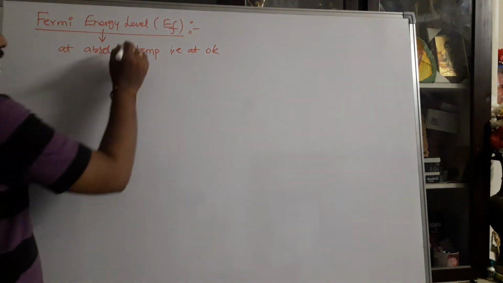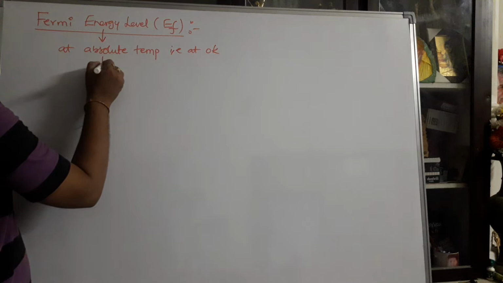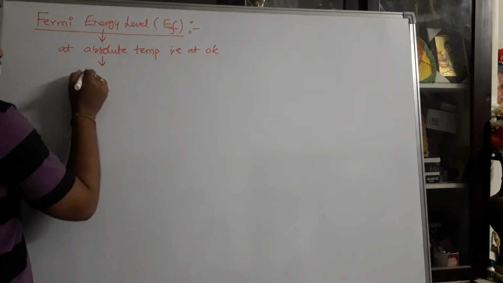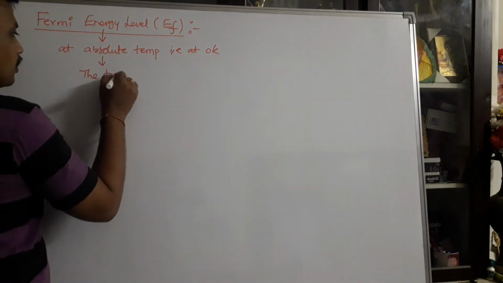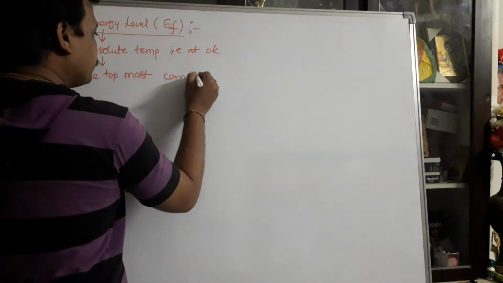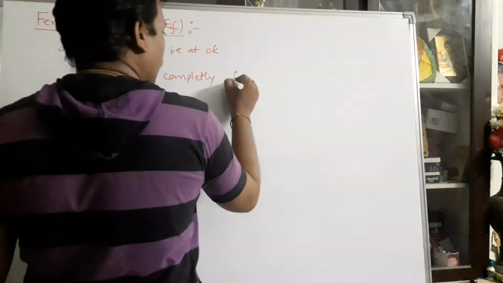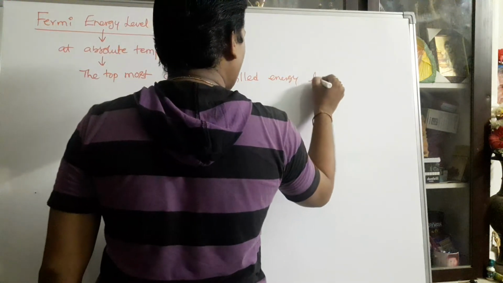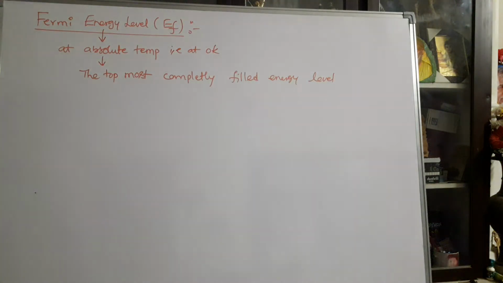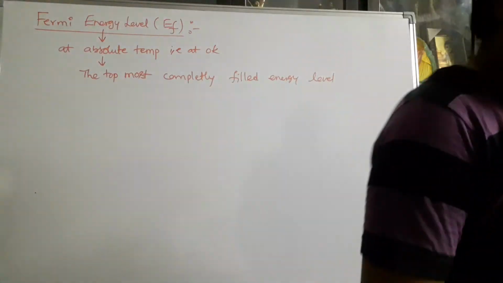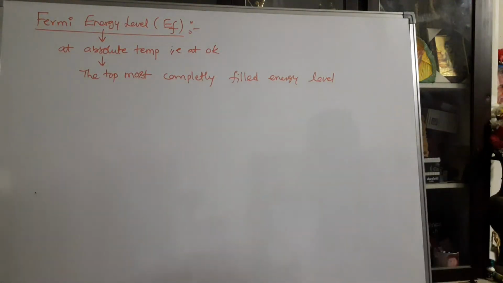What is Fermi energy level? The basic definition of Fermi energy level from the bottom class point of view: at absolute temperature, the topmost completely filled energy level, particularly at absolute temperature, that energy level can be called the Fermi energy level.